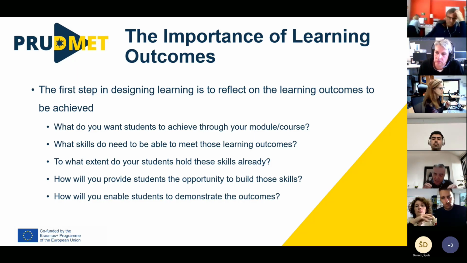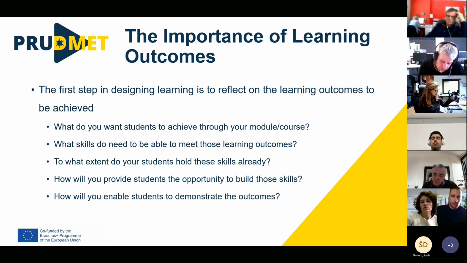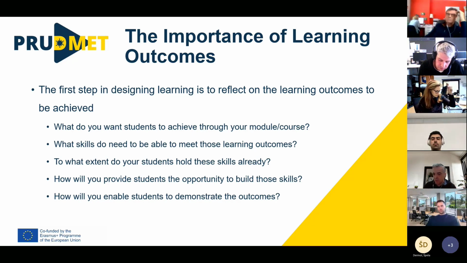The idea is to relate learning outcomes with technology. For this reason, we will try to ask questions such as the ones you can see here. For example, what are the learning objectives of the module or course? What are the skills that the student needs to achieve at the end of the course? Or, how to build the skills that are valuable in the labor market.